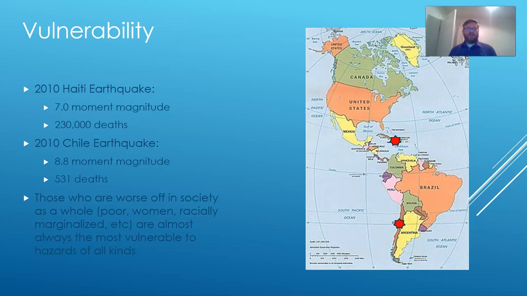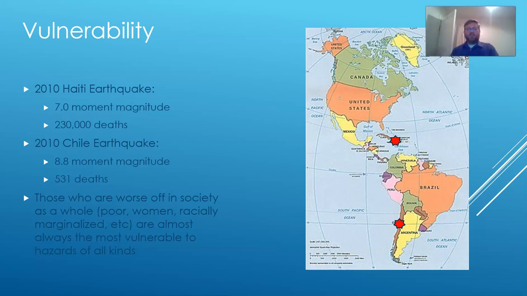So Haiti suffered a much bigger disaster, despite the fact that the hazard event, the earthquake itself, in Haiti was significantly smaller than the one in Chile. So we have differential vulnerability between different places and different groups of people. And as a general rule, the people that are already worse off in society as a whole, so the poor, women, racially marginalized people, etc., right?